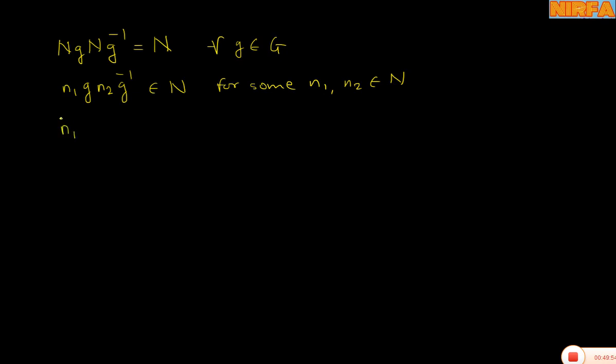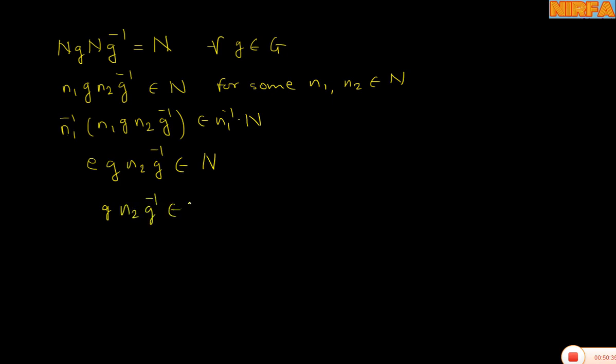So I will write n1 inverse, this n1 g n2 g inverse belongs to n1 inverse into N. But since N is a subgroup, n1 belongs to N, therefore its inverse also belongs to N. That means this n1 inverse is a member of N. And when an element of N is multiplied to N, I will get again N. Therefore, the product of these two elements is E, and g n2 g inverse belongs to this product, which is nothing but capital N. According to the identity law, I will get g n2 g inverse belongs to N.